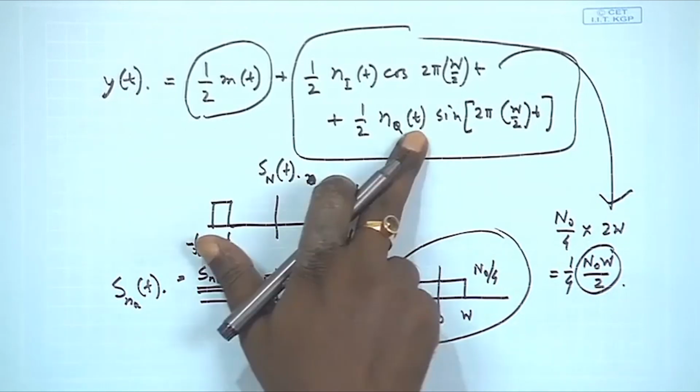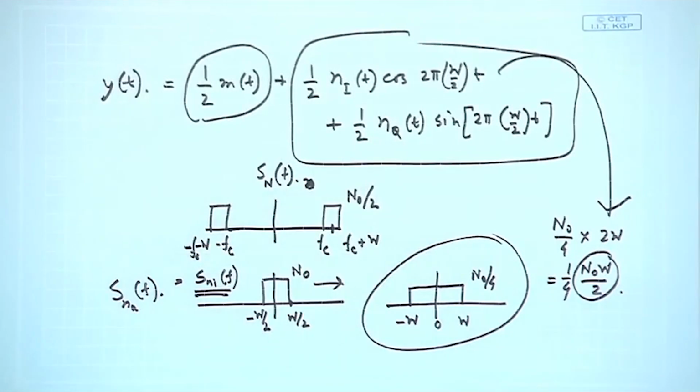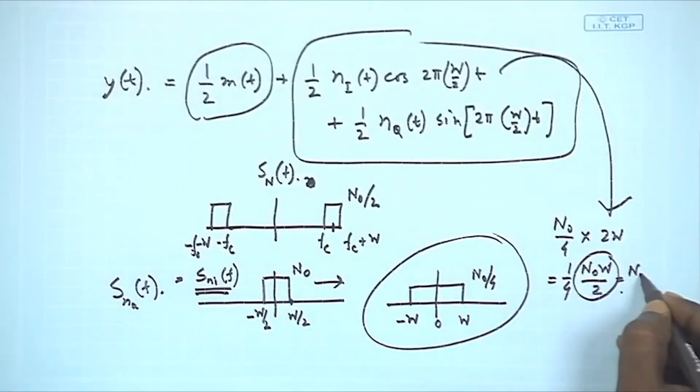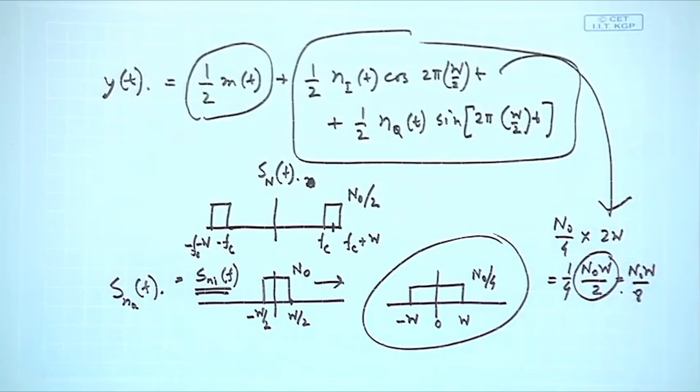fine. Same thing will happen over here, either you multiply by cos or sine. In power spectral density you will have no effect. Similar thing will be produced over here, because the translation frequency is the same. So, you will get again N0 W by 8, right.